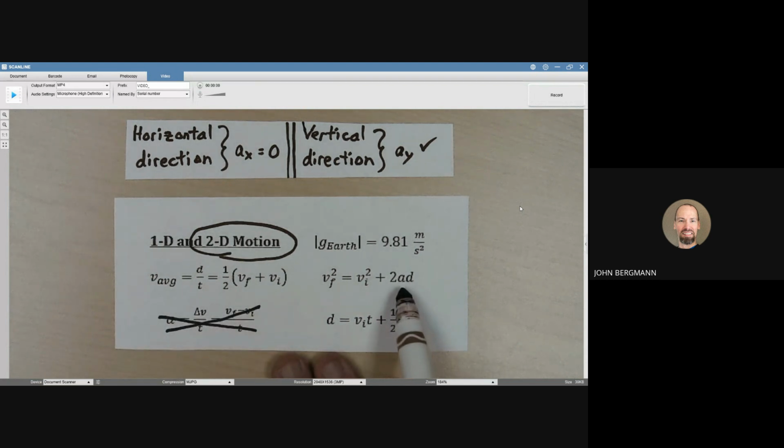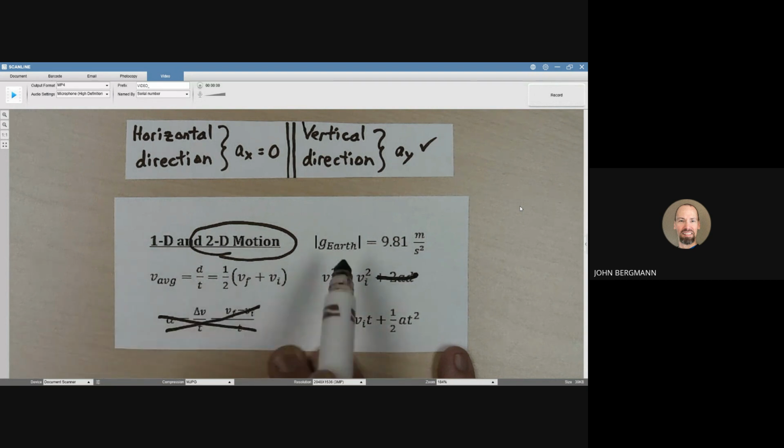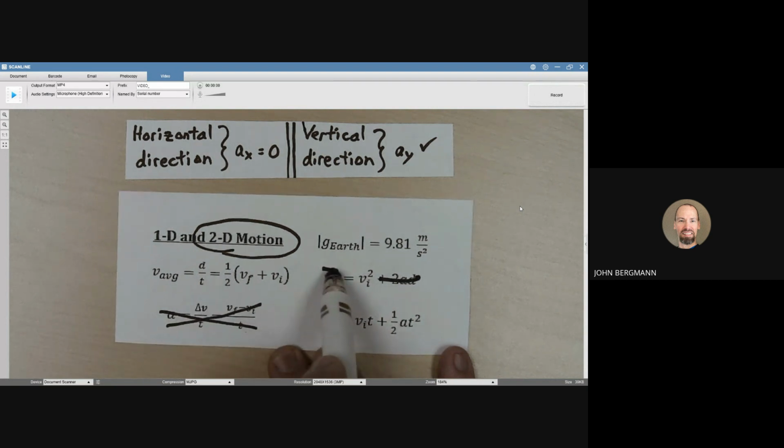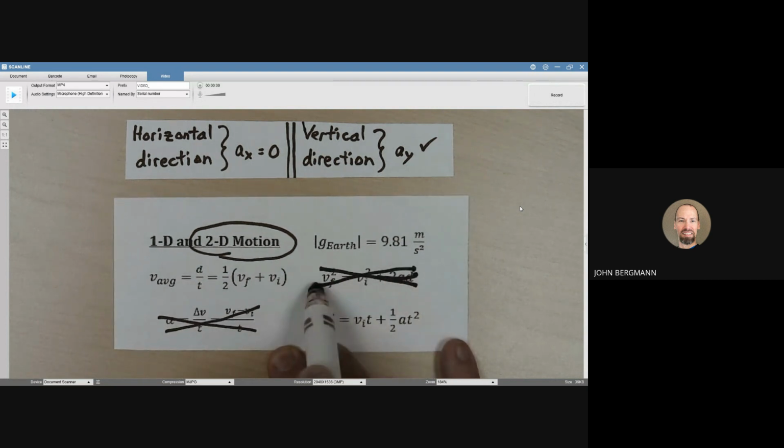Same thing is true with the no time equation. If a is equal to 0, then this term disappears completely, and it just says that the velocity in the x direction squared at the end is equal to the velocity in the x direction squared at the beginning, which doesn't tell us really anything useful either.